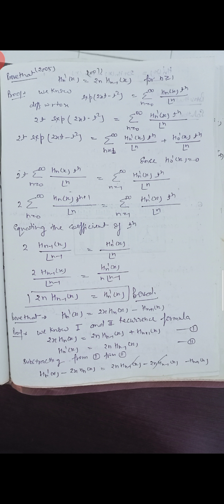This is 2 summation n=0 to infinity Hn(x) t^(n+1)/n! = summation n=1 to infinity Hn'(x) t^n/n!.